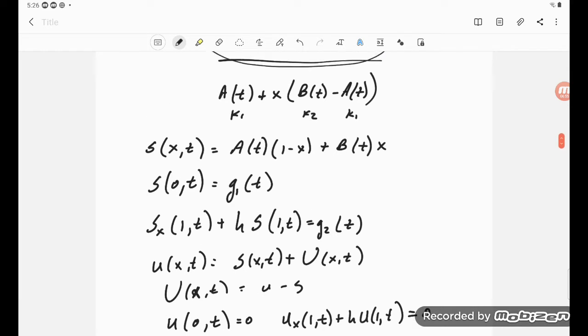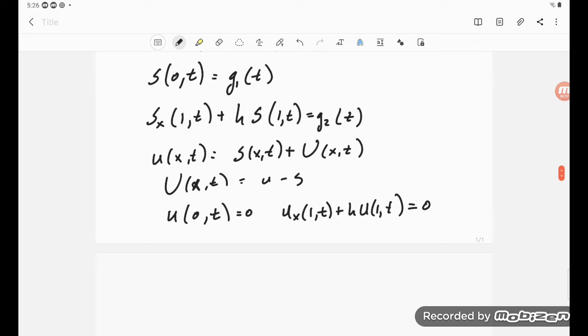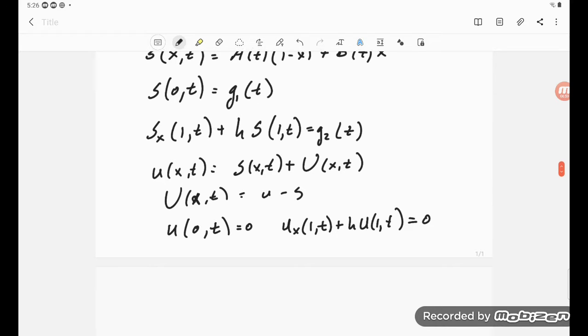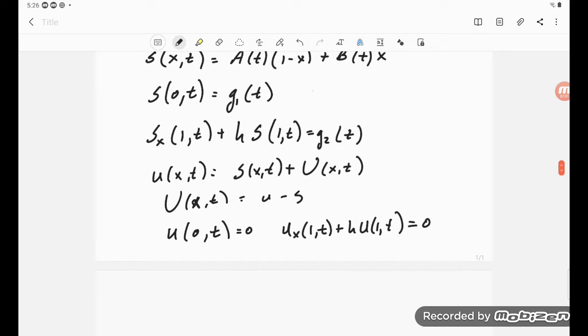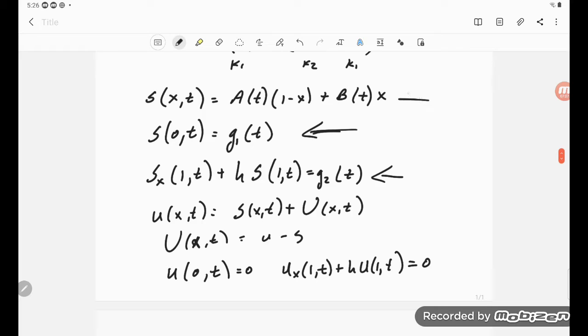Okay, so if we insist that our function here satisfy these two end conditions, then we'll have the situation we want.